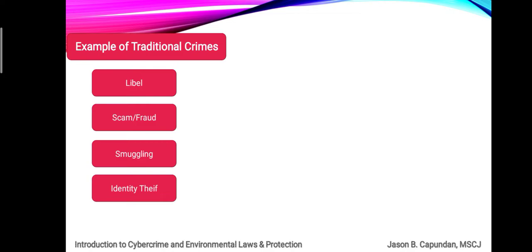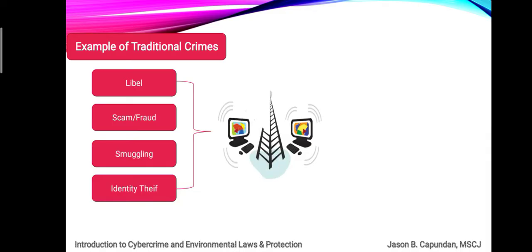We also have drug trafficking, and of course, human trafficking. So obviously, the difference between cybercrime and traditional crimes is the use of a computer device or electronic computer device and the internet.